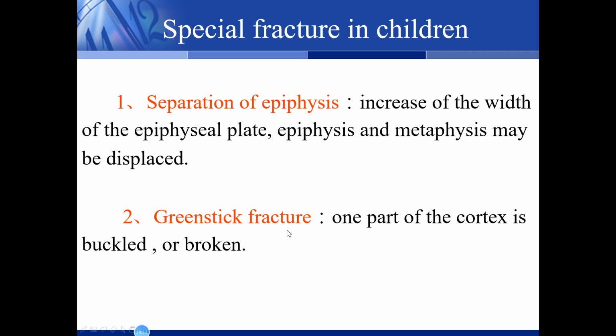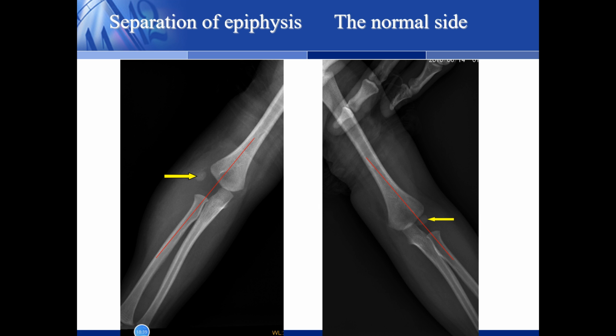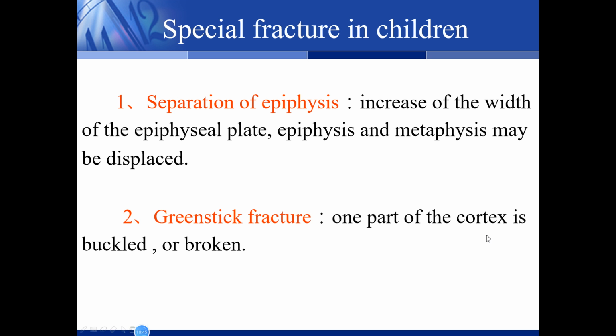Green stick fracture: one part of the cortex is buckled or broken, because the bone in children is soft, so maybe the cortex is not broken entirely.